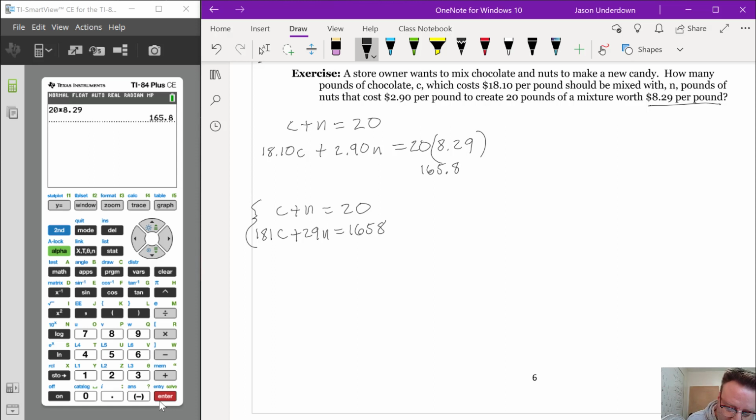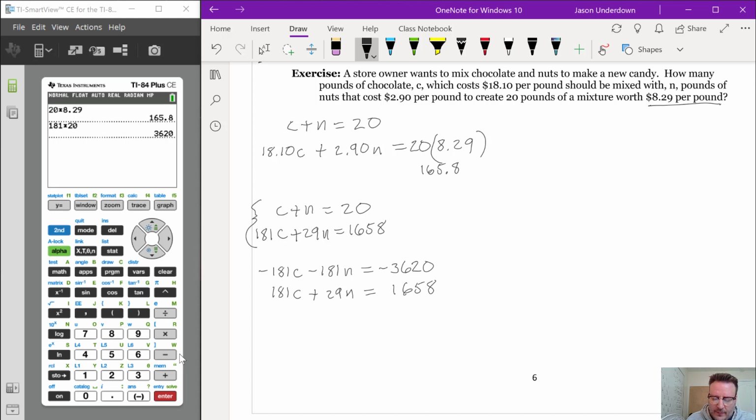Why? Because when I do this, watch what happens. I get negative 181C minus 181N equals, let's see, what's 181 times 20? I get negative 3620. Okay, and then the second equation is just 181C plus 29N equals 1658.